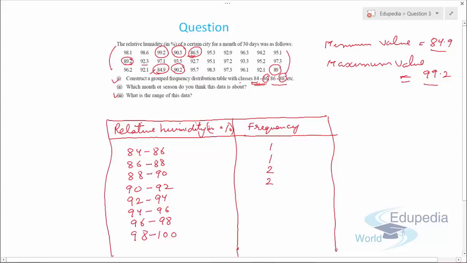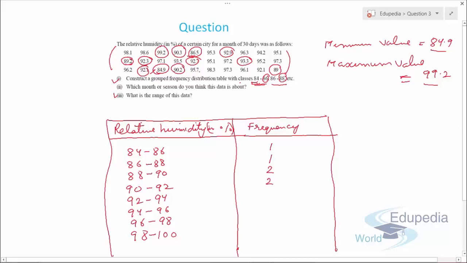Then 92 to 94, we need to search from 92 to 94, so this is 1, right? Then this is 2, this is 3, right? This is 4, then this is 5, it should be less than 94, right?